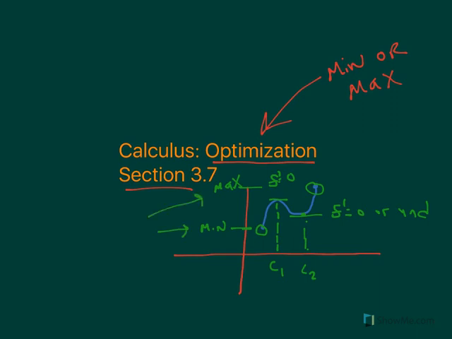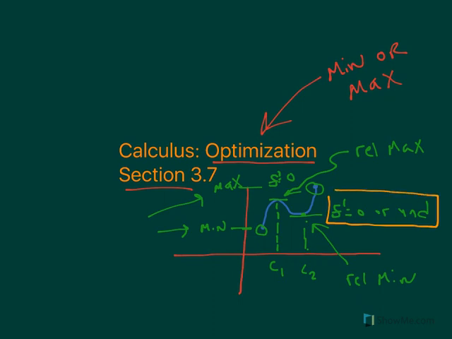This would be a relative min, and this would be a relative max. So we're basically going to be examining the critical numbers where the first derivative is 0 or undefined, and in some situations you'll need to consider the endpoints of the interval that you're working on to see if that is a min or a max value.